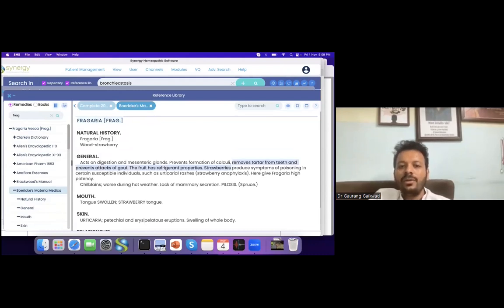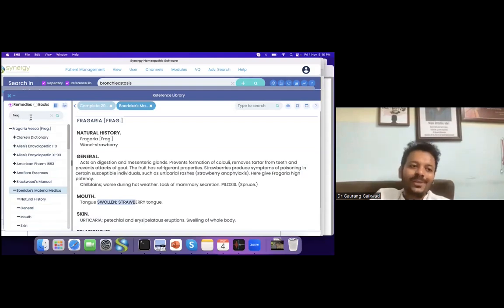It comes from the idea of strawberry. That's why this is a very important remedy in children who, after eating strawberry or any kind of berries, develop urticarial rashes, and the whole body gets swollen up. There is urticaria throughout. And typically, you will also see the tongue gets swollen. There is a kind of angioneurotic edema.